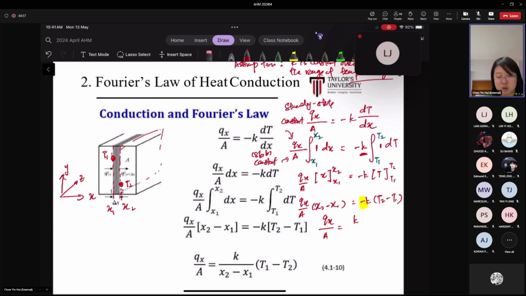Rearranging, you get T1 minus T2 divided by x2 minus x1.